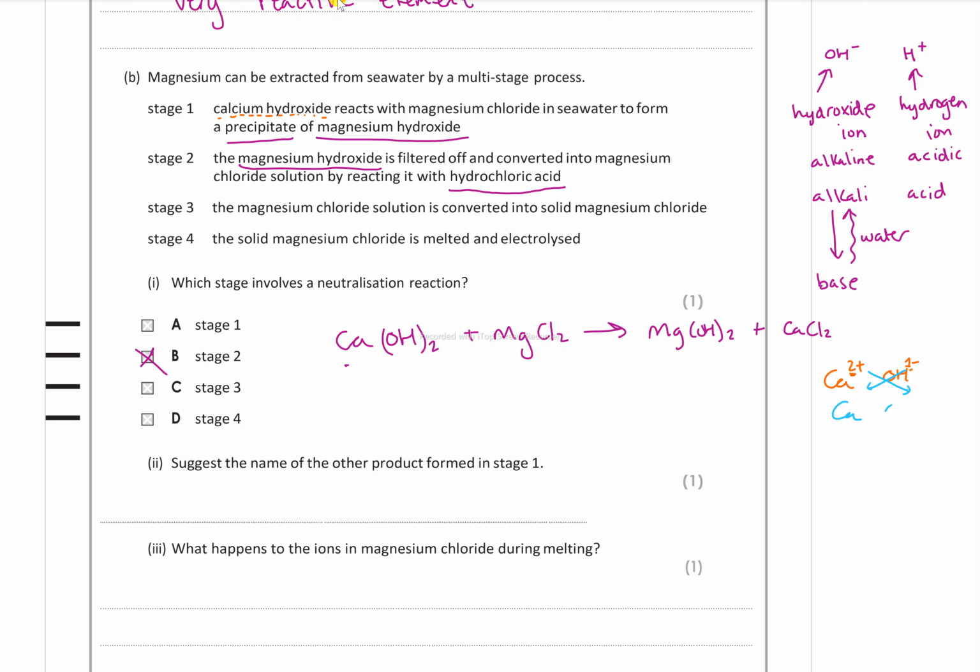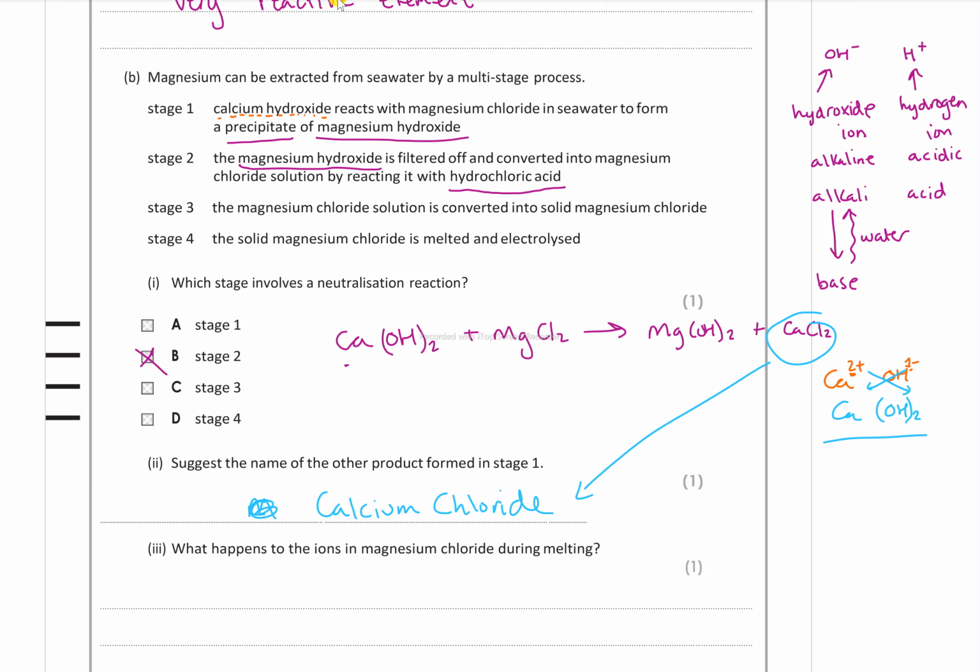So you end up with calcium hydroxide, but I cannot do this. This would be wrong. I'd have to put a bracket around here because I want 2 hydroxides. Just remember that. So it's going to be calcium chloride, right?